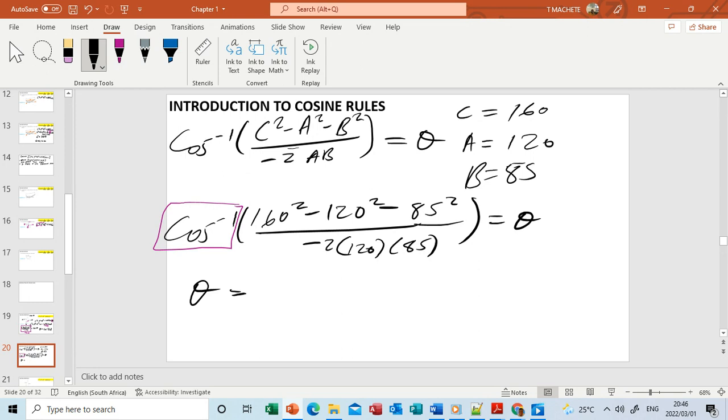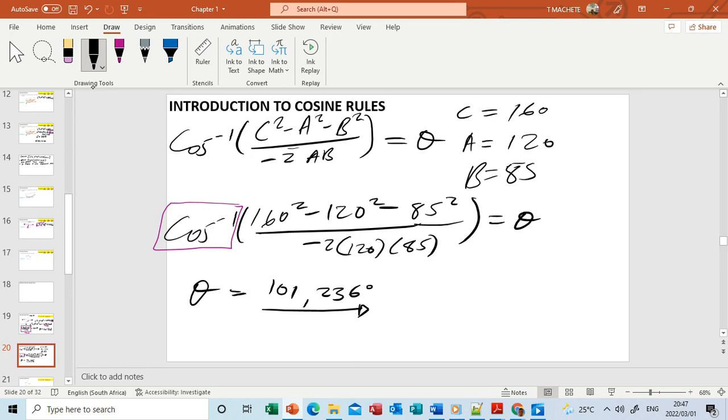Why? Okay, it's 160 squared minus 120. Yes, I got 101.236. Square everything, just make sure. I got 101.236 degrees. That's what I got.